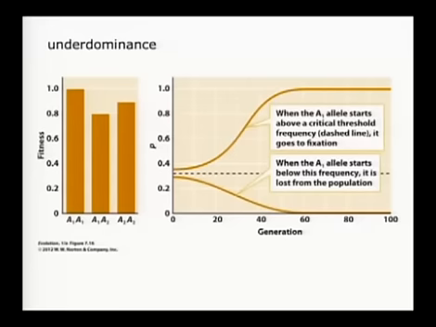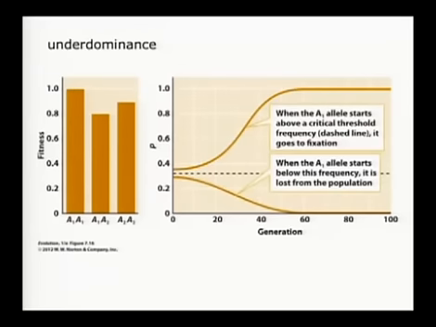The heterozygote is less fit than either homozygote. And, as you say, over time, you're going to go to fixation of one allele or the other, and which one you go to depends on the starting conditions. It's going to go towards the one that was the higher frequency to begin with.